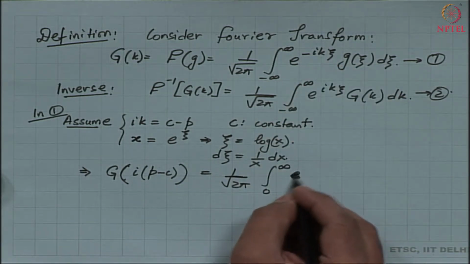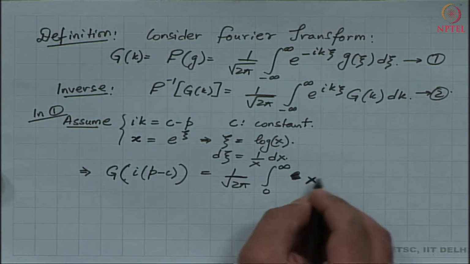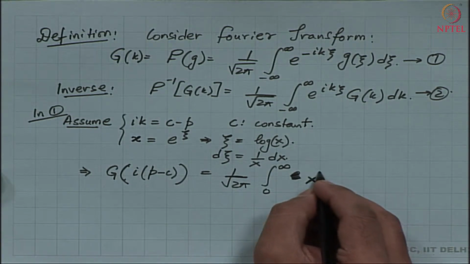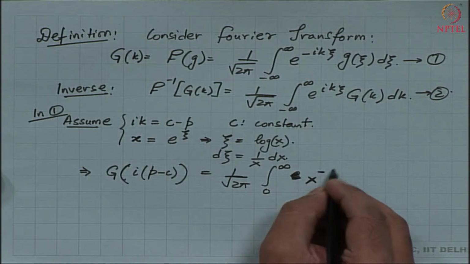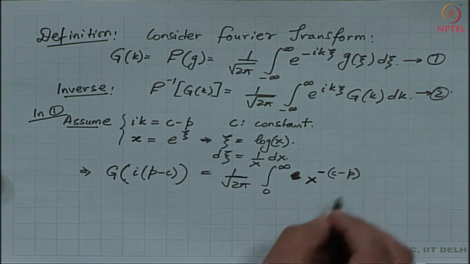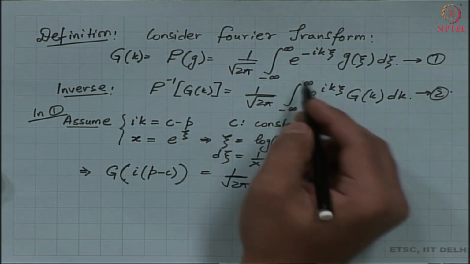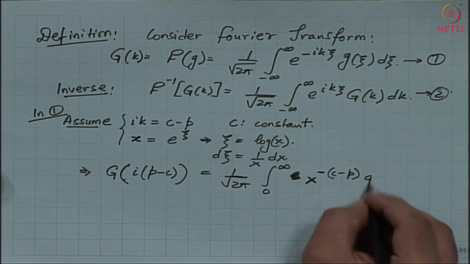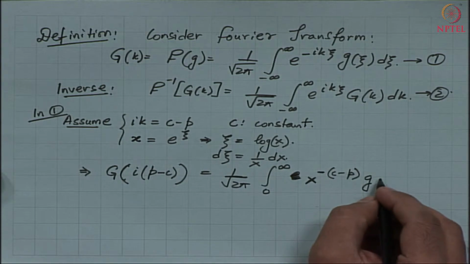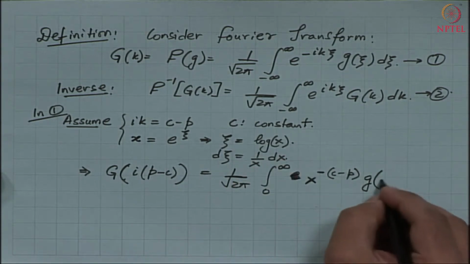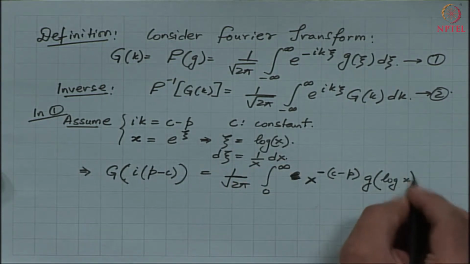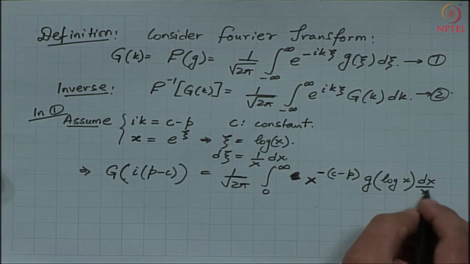So, that becomes x to the power minus c minus p, that is my Fourier function, and g of zeta. So, zeta is log of x, so small g evaluated at log of x, and dx by x. So, that is my d zeta.